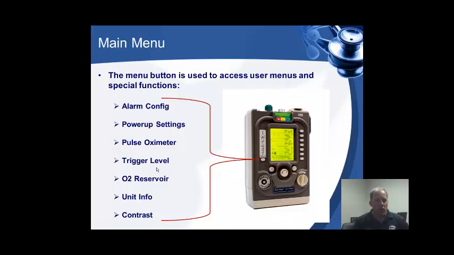There's also an O2 reservoir, which means over on the right side of this vent, as you can see right over here, this little black thing, that's where the air intake is for atmospheric air. Should we have any problem with the high pressure line coming in here, we can always take that off, put a BVM on this side right over here, and plug it in, hook it to an oxygen source, and provide about 10 to 12 liters per minute, and provide oxygen that way.